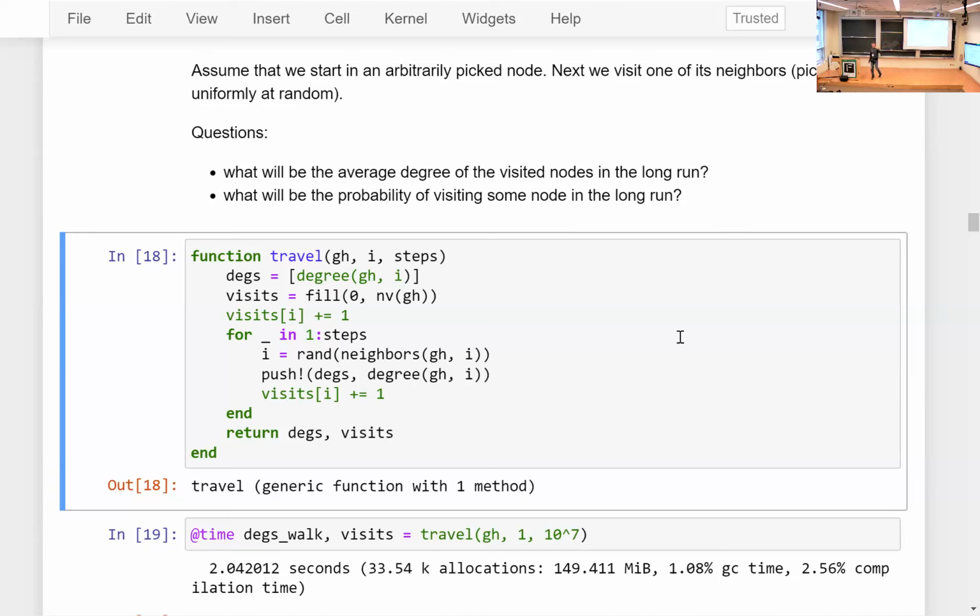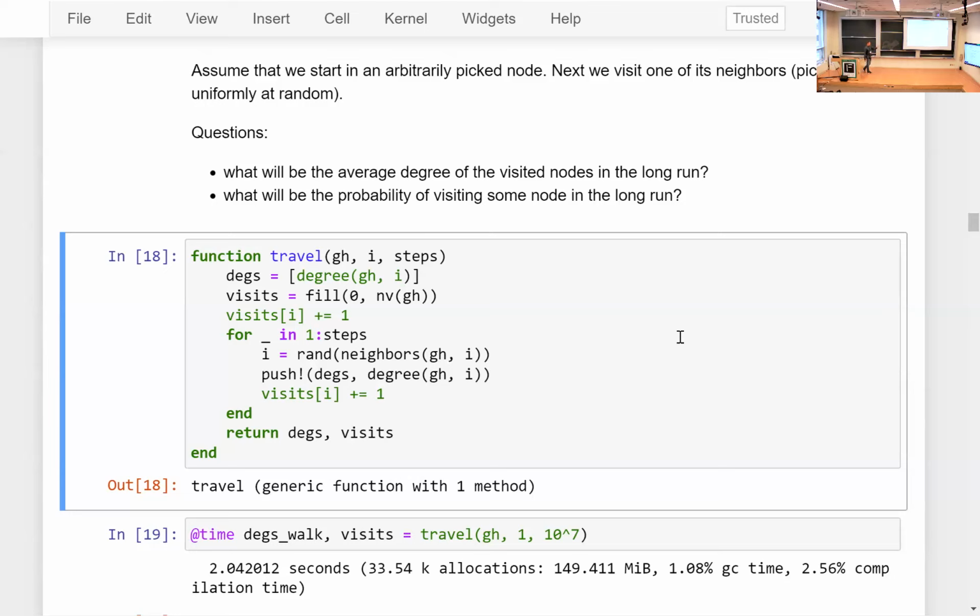Initially, everything is filled with 0, so I visited each node 0 times, except node I, which I just visited, so it's 1. And then, again, answer to the question, yes, you can use for loops. So I just run the number of steps, pick a random neighbor, and then push, so append to the end of the vector the degree of the node I just visited, and for this new location I add 1 to the visits.